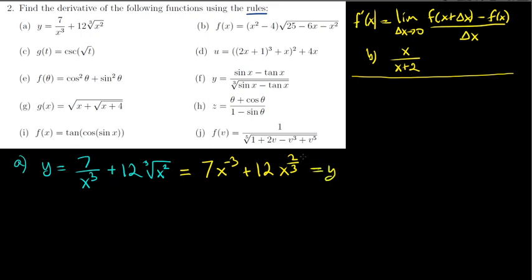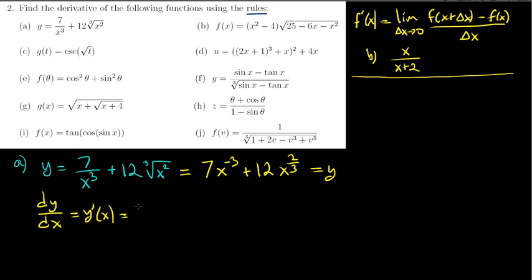But now we can use the power rule, sum rule, constant times function rule, right? So now the derivative, which is dy over dx, or if you prefer, y prime of x, but I'm usually going to use dy over dx here.